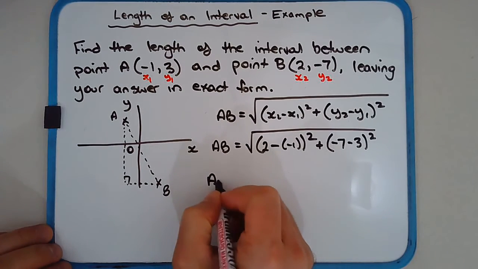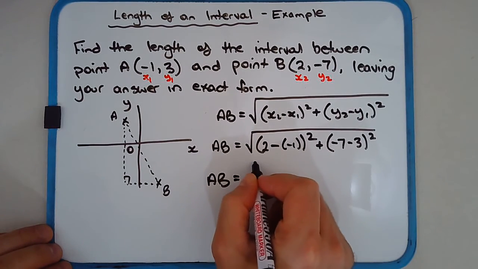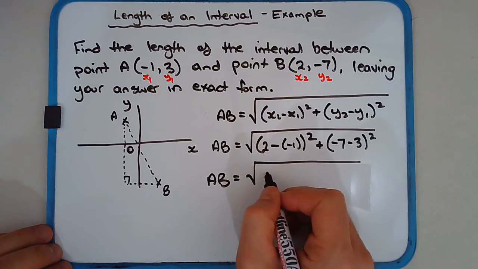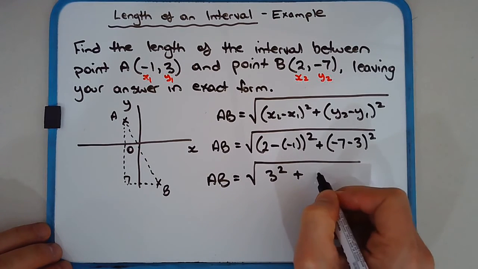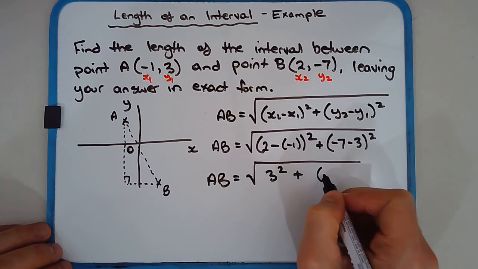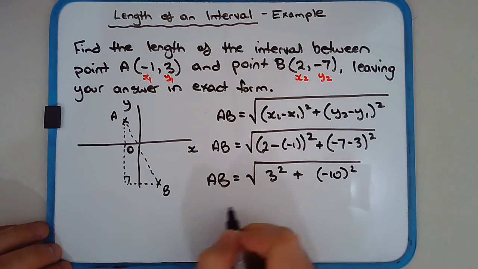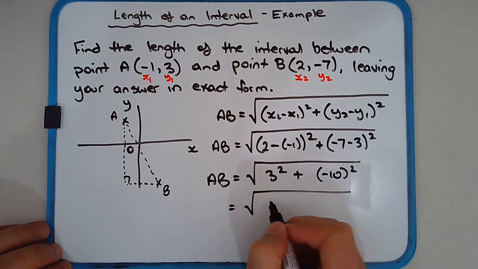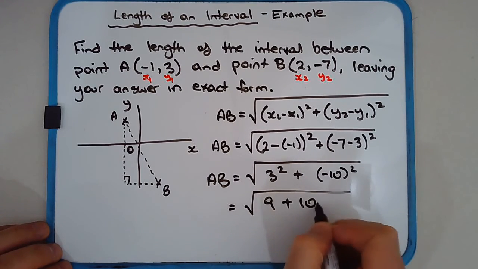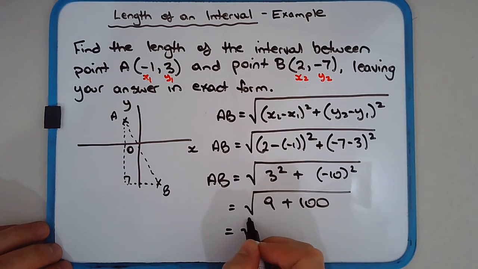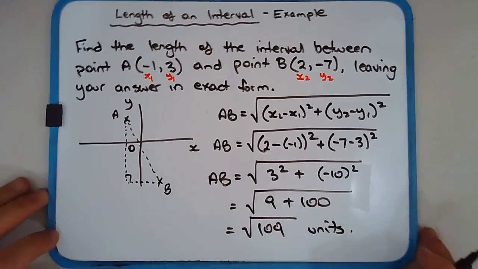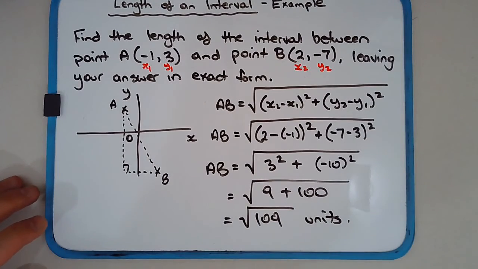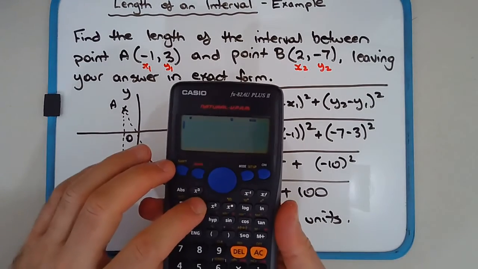So AB is going to be, 2 minus -1 all squared is just really 3 squared plus 10 squared, which equals 9 plus 100, which equals the square root of 109 units long.